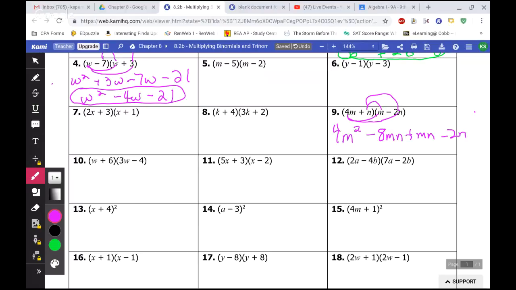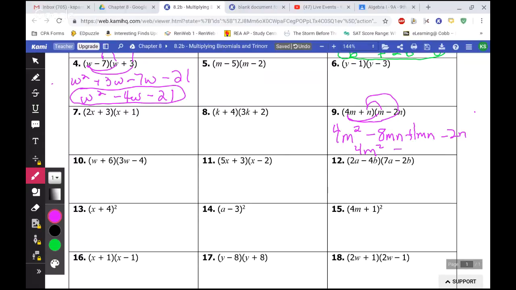So now we want to combine like terms, and we've completed all our multiplication, so we're combining like terms, and that should be the two middle terms. So we've got a negative 8mn and a positive 1mn, because there's an understood 1 right there when there's no coefficient.